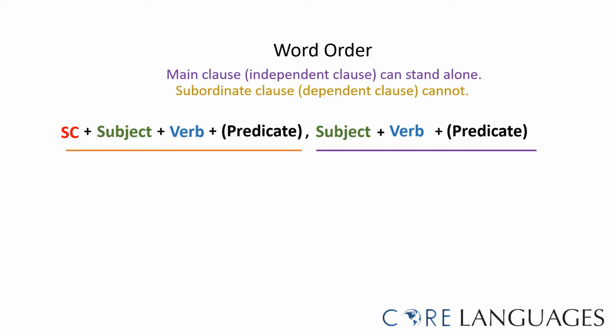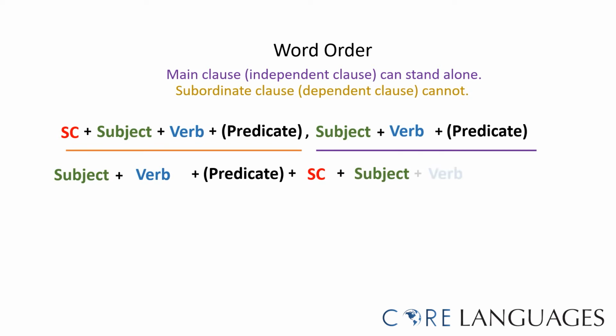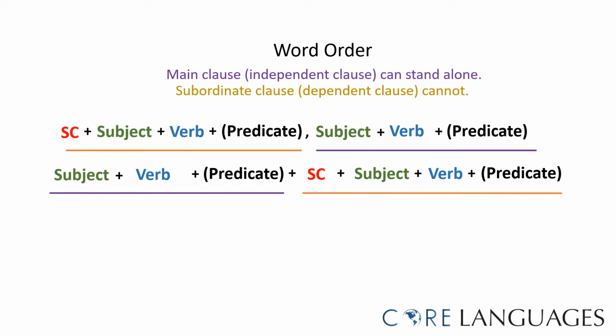But we can also begin with the main clause, subject, verb, and predicate, then the subordinating conjunction, another subject, another verb, and the predicate. In this example, we began with the main clause and then followed with the subordinate clause. We do not need to use a comma here. Here are some examples.